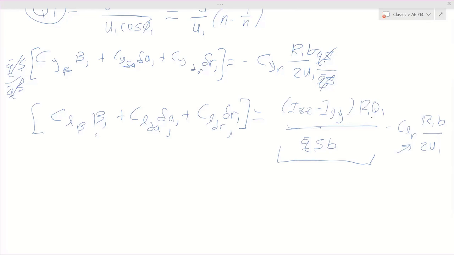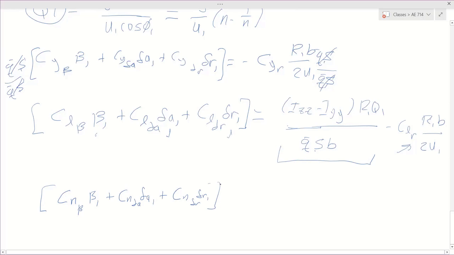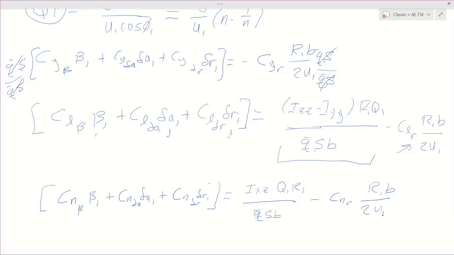And then the last equation is the yawing moment equation. And again, you can see where this one comes from.